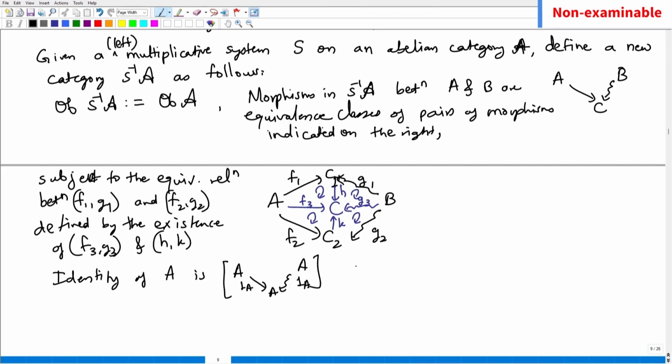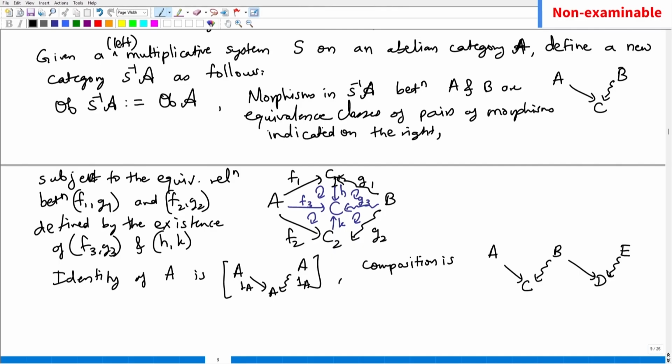And what is composition? Well, I will say A to B and then to E. This is C, then this is D. These are two wiggly morphisms. If you are given such two things, what can you do? You get a roof and you complete that roof to a sink using that property.